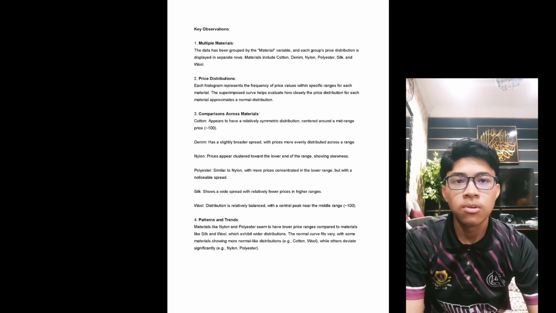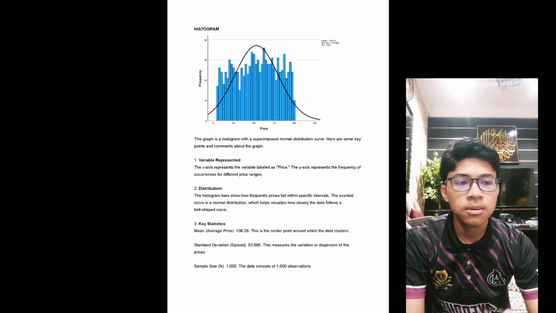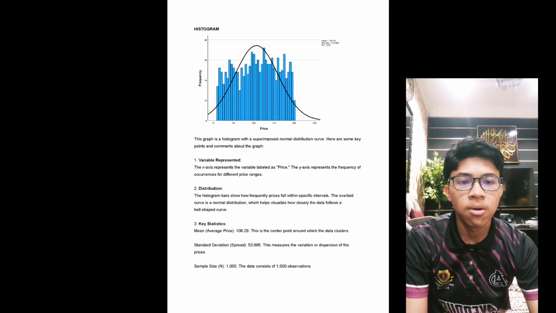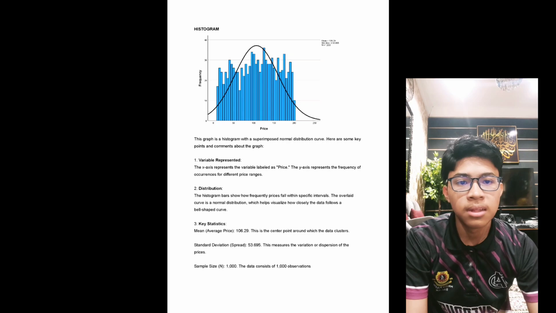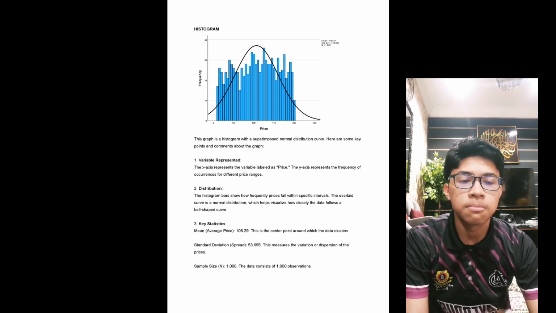Next, we are going to look at the histogram. This graph is a histogram with a superimposed normal distribution curve. Here are some key points and comments about the graph. The first one is the variable represented. The x-axis represents the variable labeled as price.